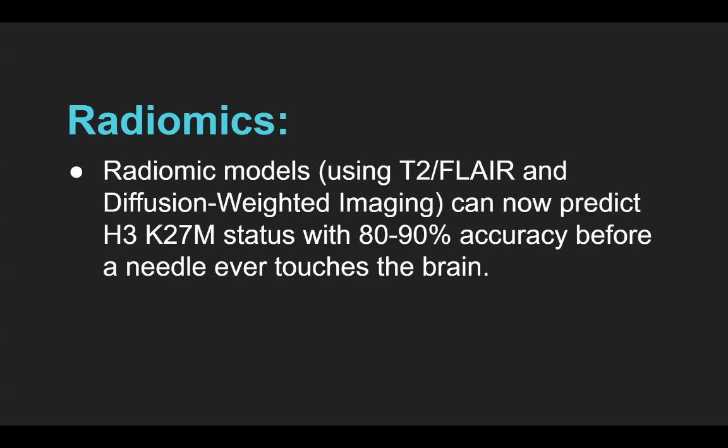They predict H3K27M status with 80 to 90% accuracy before a needle ever touches the brain. So in 2026, we are looking at 80 to 90%. Maybe in a year or two, diagnosing them with the help of MRI and radiomics instead of stereotactic biopsy could become the gold standard.